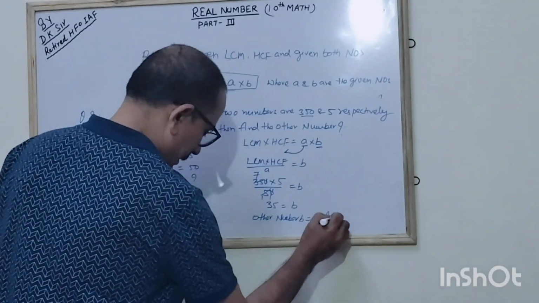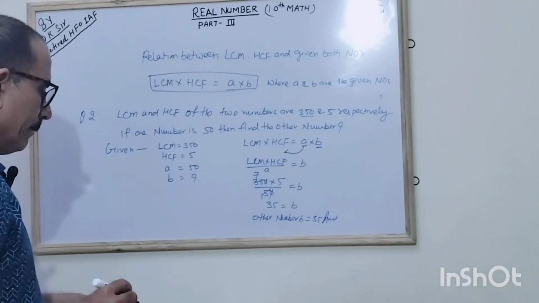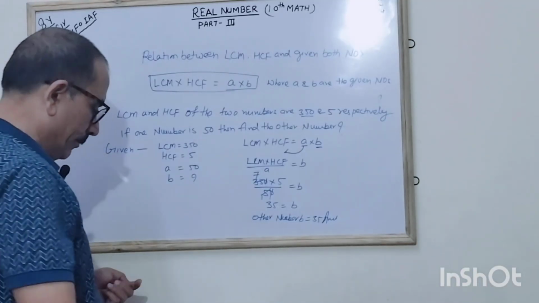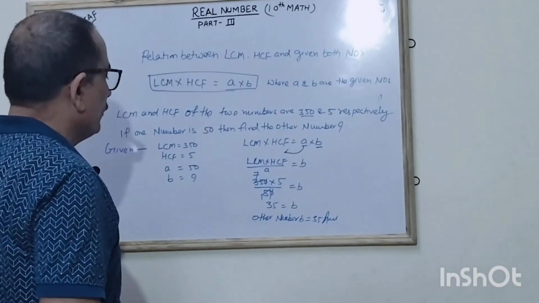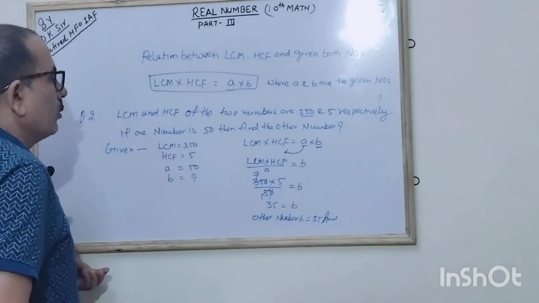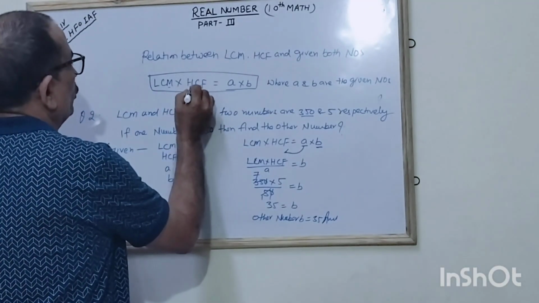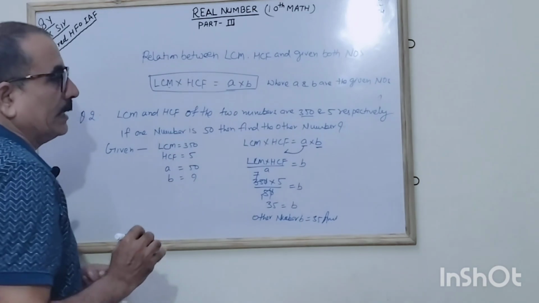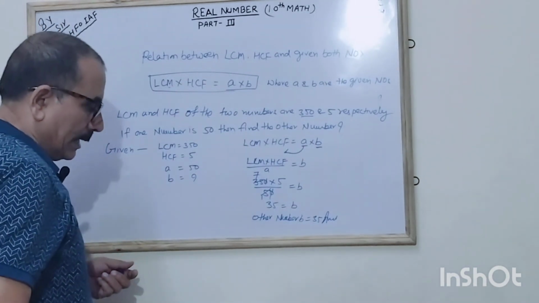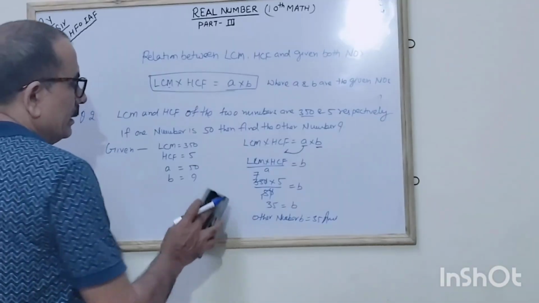That becomes the answer. Correct? So that is the way you can do it. If you understand, there are four quantities, and out of the four, any three being given, the fourth can be found out the same way.